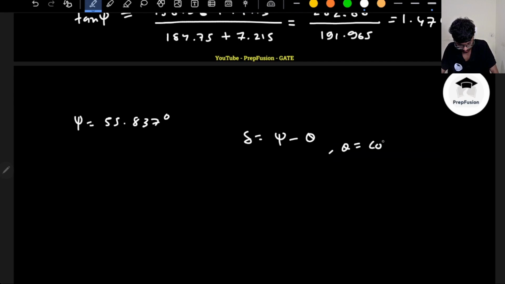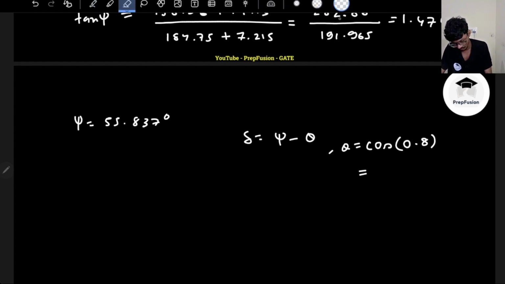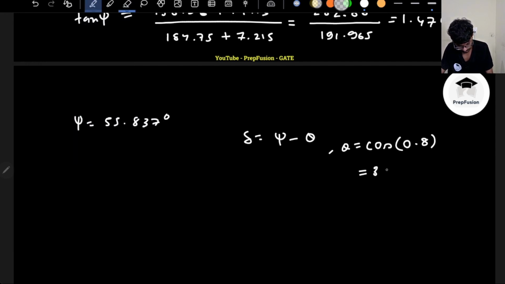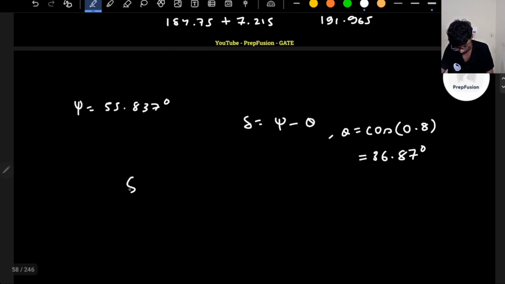Theta is cos inverse of 0.8, which is 36.87 degrees.